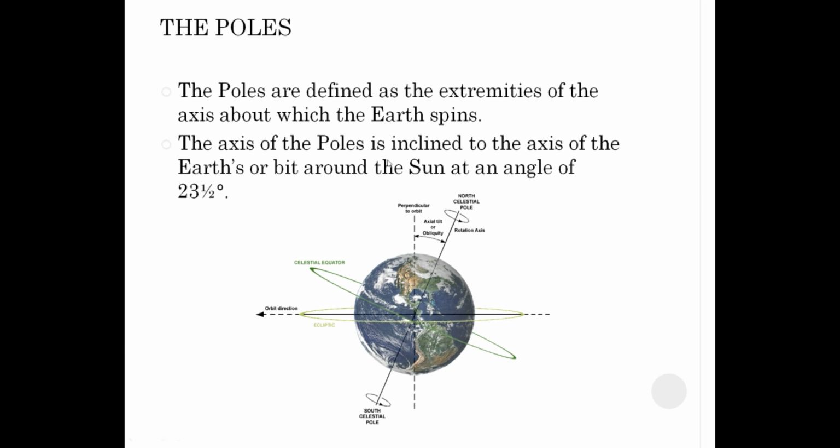The axis of the poles is inclined to the axis of the earth's orbit around the sun at an angle of 23.5 degrees. So the earth is inclined at an angle of 23.5 degrees.